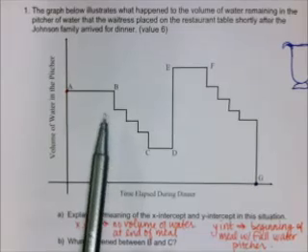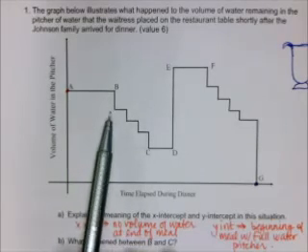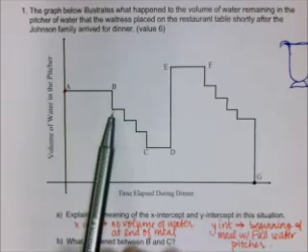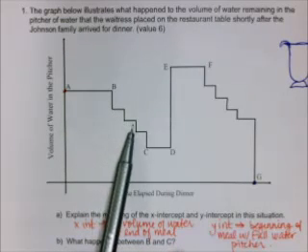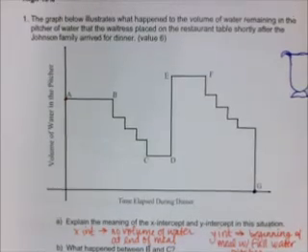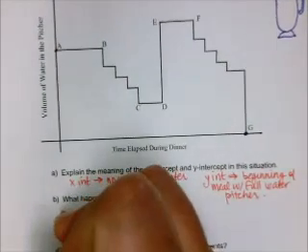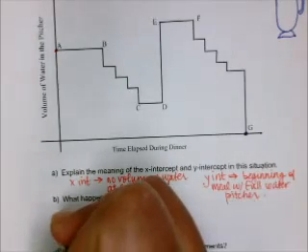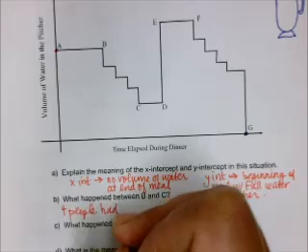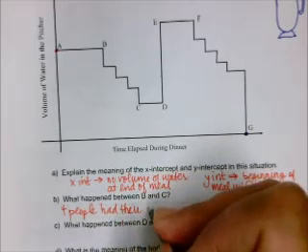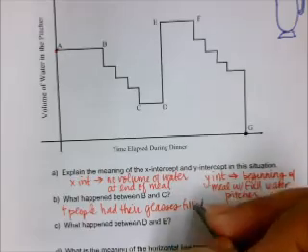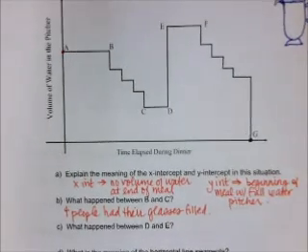It probably wouldn't be reasonable to say that a person drank it really quickly and then filled it back up and then drank it really quickly and filled it back up. That wouldn't seem as reasonable, would it? So let's say down here for B, a reasonable explanation is 4 people had their glasses filled with water.